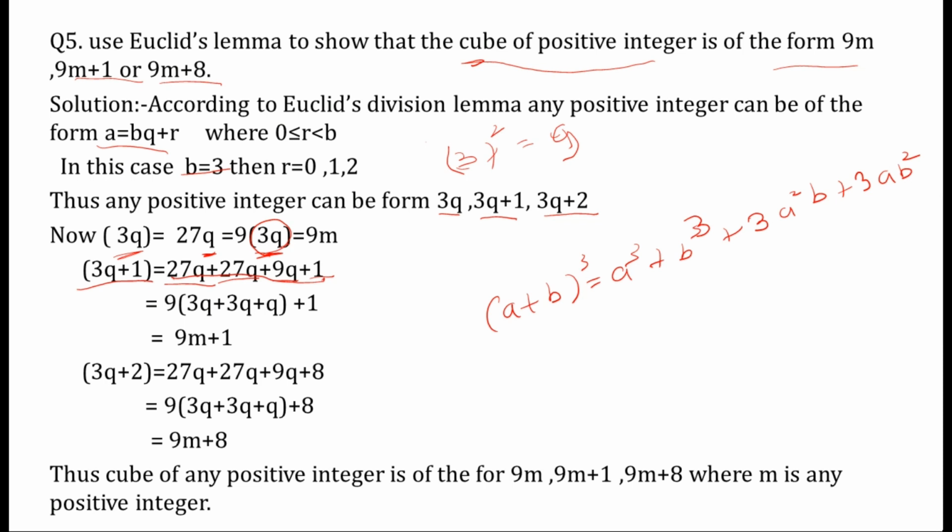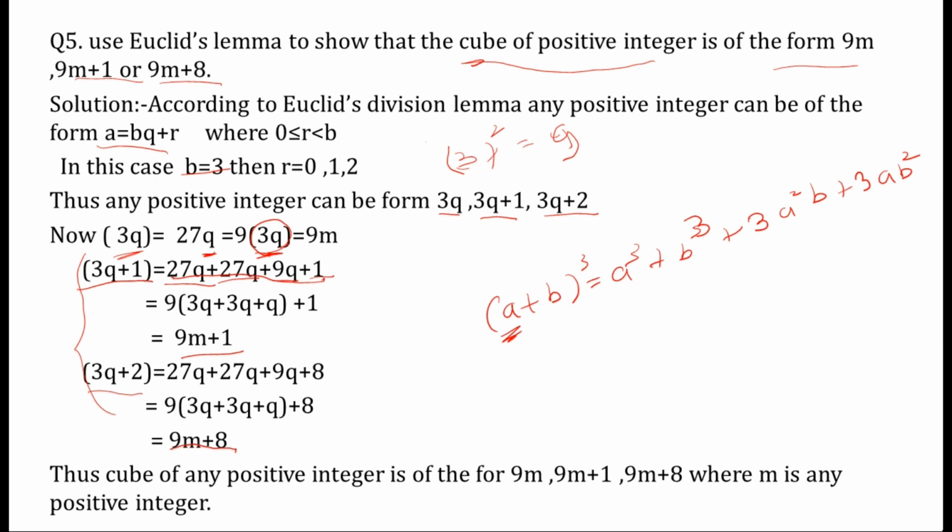Since this equation represents any positive integer, the cube of any positive integer is in the form of 9m + 1. Next we take 3q + 2.